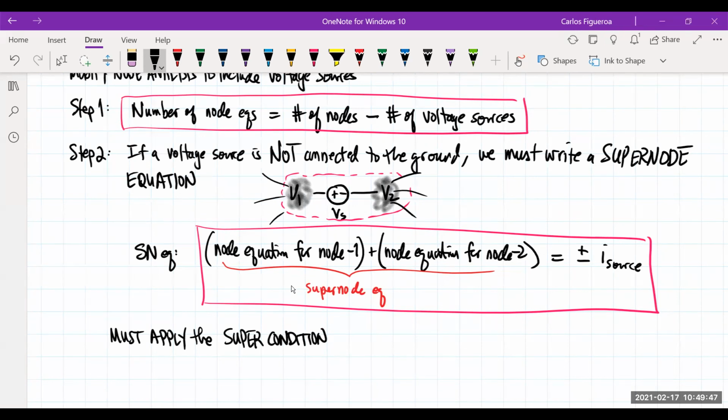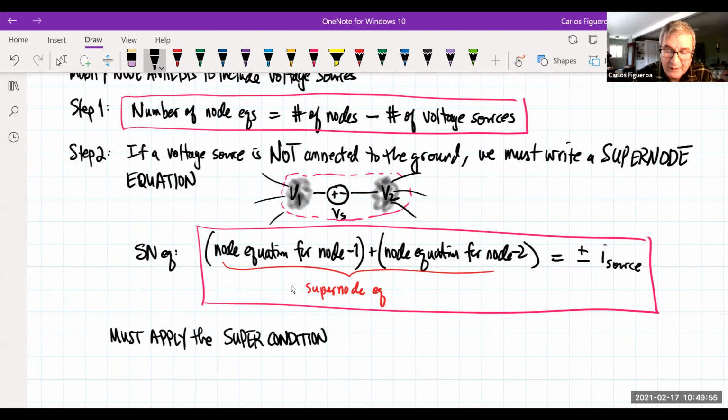So we're relating this to a current source, even though it's a voltage source? No, the voltage source tells you how to connect nodes 1 and 2. In one of these branches, I could have a current source that's flowing in, or I could have another current source that's flowing out. So I have to account for the sources right in here.